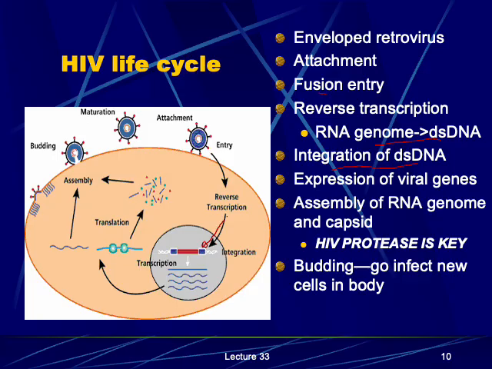And we're going to talk about the HIV protease. That's one of the proteins that's going to be made. And so all these things assemble, the viral proteins and the viral RNA.